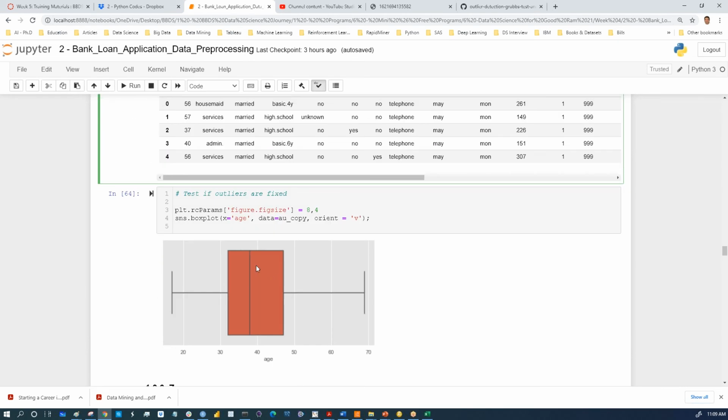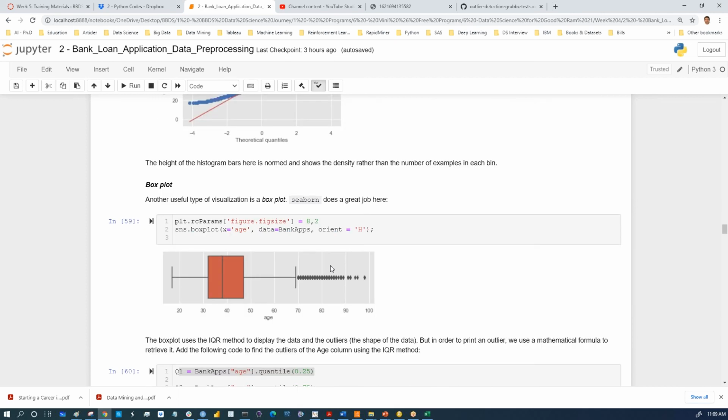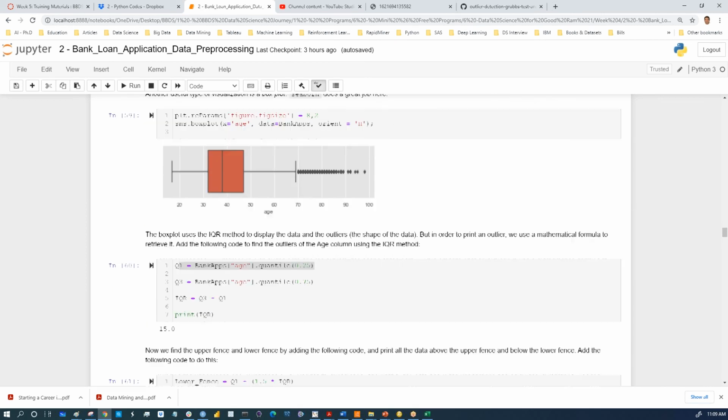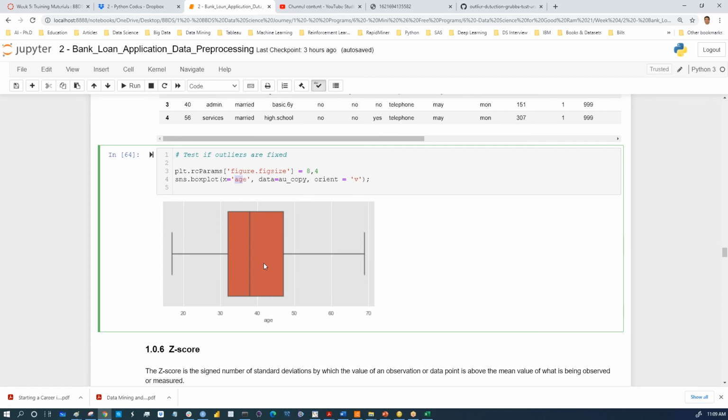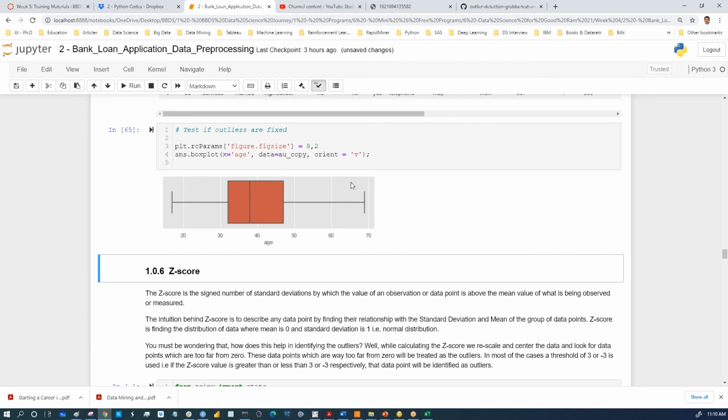So now this is the box plot of the age with the outliers removed. This is the original. We got a lot of outliers in there, and after we calculated all the elements that are above the upper whisker or below the lower whisker, we eliminated them.